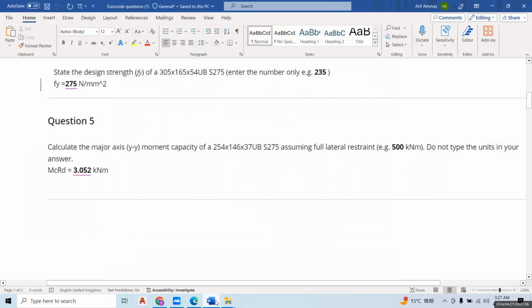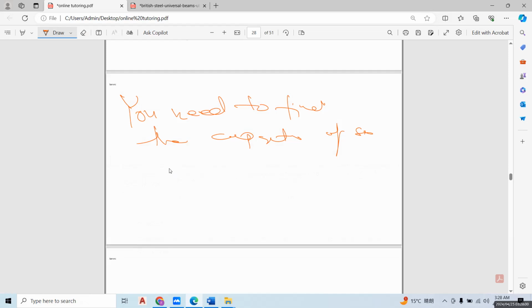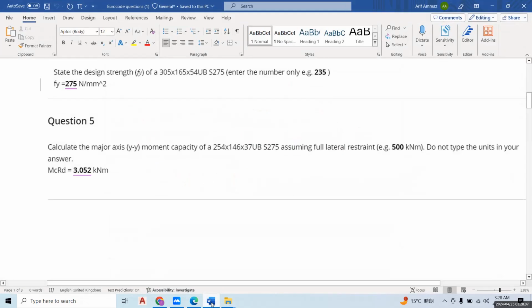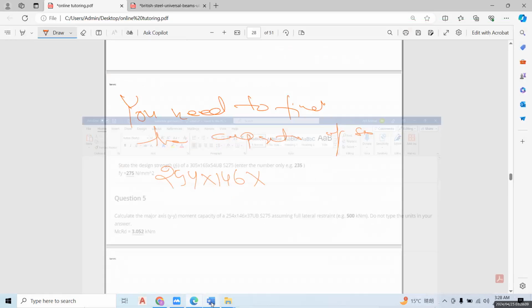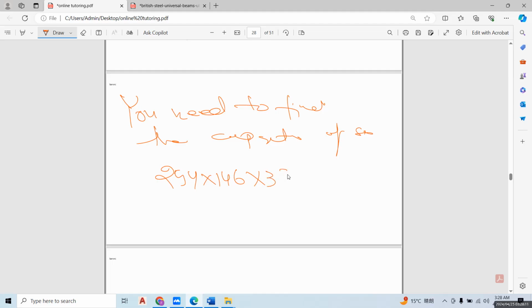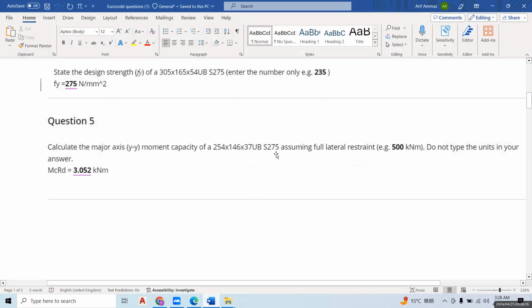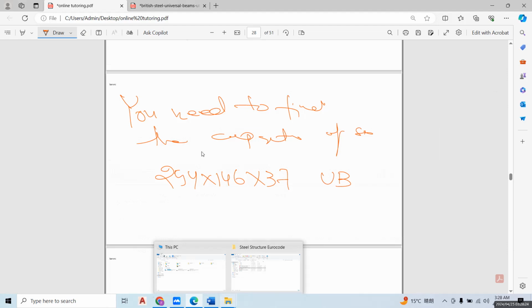First of all write the section name: 254, 146, 37, and this is called UB. He is saying that it is against the major axis. Must remember that it is asking about the major axis.